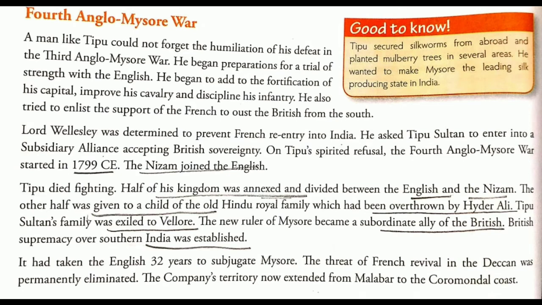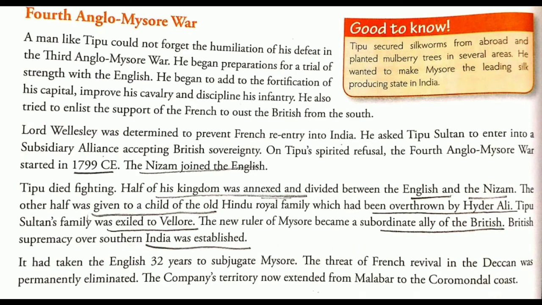So he tried his best for the last time to build the fort, to build a wall, for protection, and to increase his army's quality by discipline, by giving more training and other things. He also tried to enlist the support of the French to oust the British from the south. So he also tried to get friendship from the French East India Company, because he knew that the French and the British were enemies.